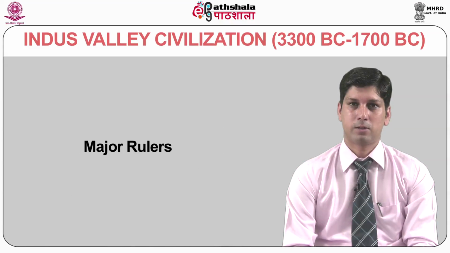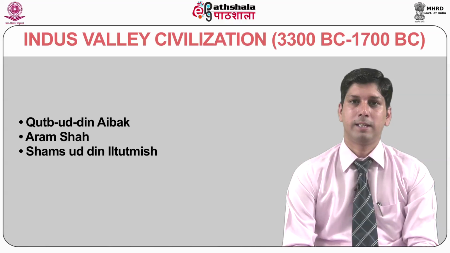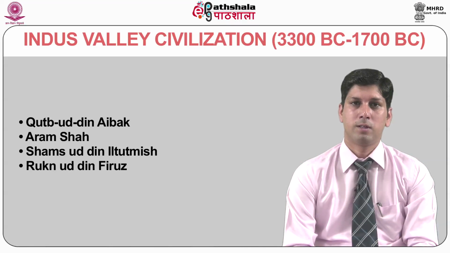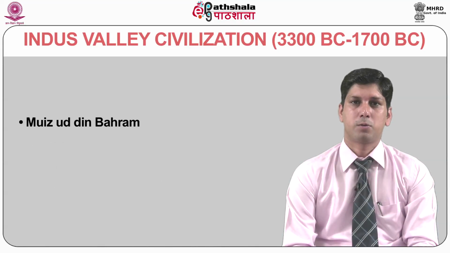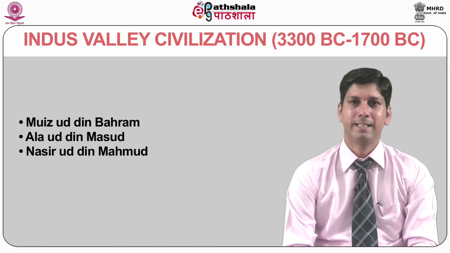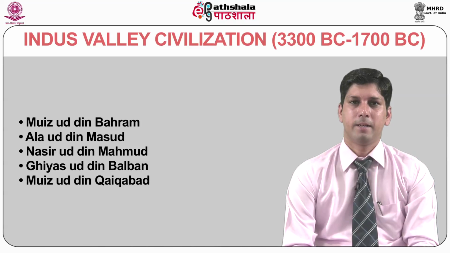The major rulers of this dynasty are Qutb ud-Din Aibak, Aram Shah, Shams ud-Din Iltutmish, Rukn ud-Din Firuz, Raziyat ud-Din Sultana, Muiz ud-Din Bahram, Alauddin Masud, Nasir ud-Din Muhammad, Ghiyas ud-Din Balban, Muiz ud-Din Kaikobad.